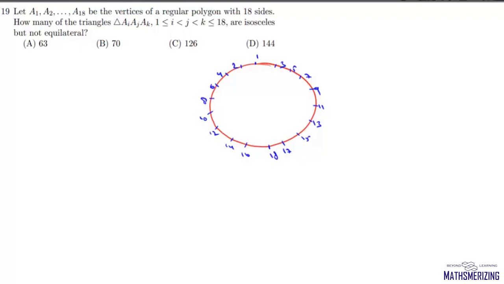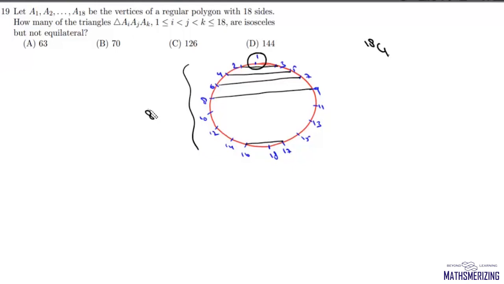So what we'll do is, first we'll select any one vertex of the triangle. So out of these 18 points, we'll select any one vertex. Suppose we have selected this vertex 1. Now with this point 1, an isosceles triangle can only be formed if we choose either 2, 3 or 4, 5 or 6, 7 or 8, 9 and it goes up to 16 and 17. So how many pairs do we have? We have 8 pairs.